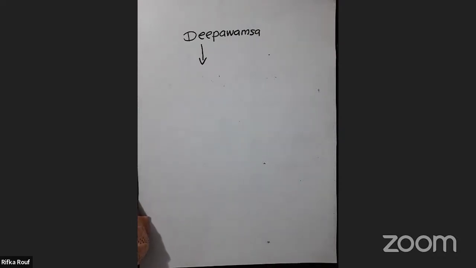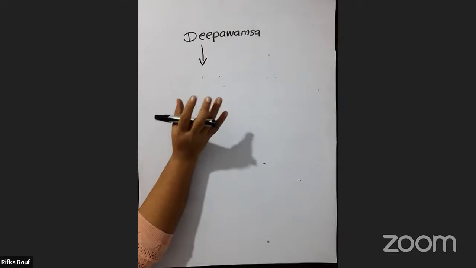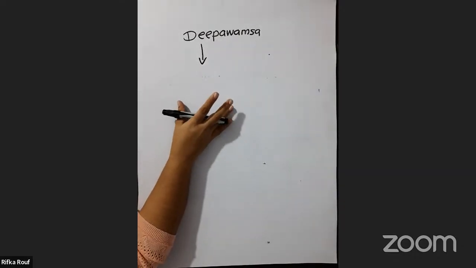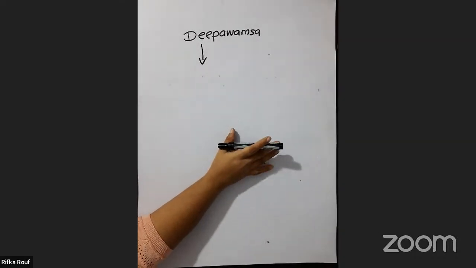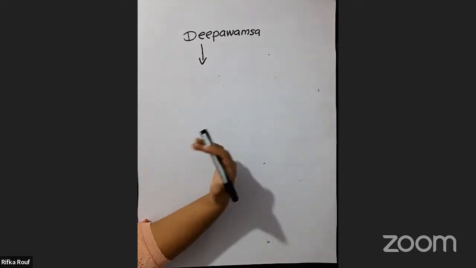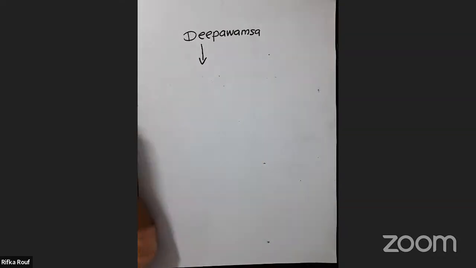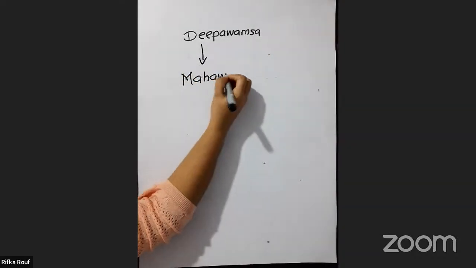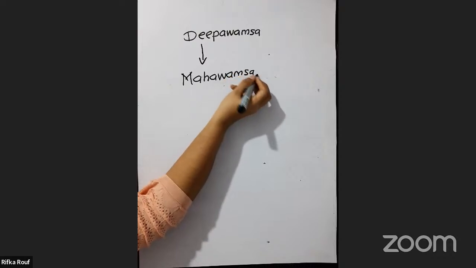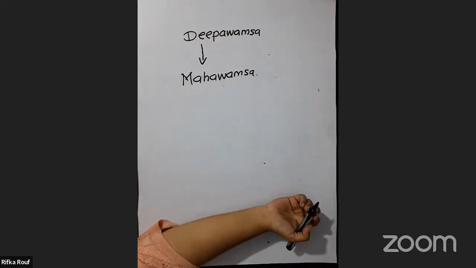Okay, so after this Deepavamsa, they had some historical information recorded in this book, and the repetitions were visible. So by correcting those, another text was compiled, and that is the Mahavamsa.